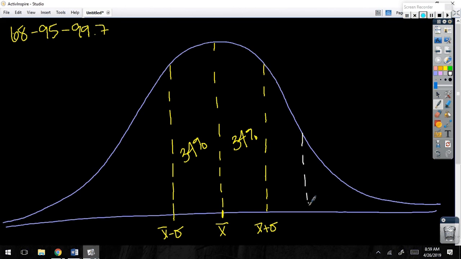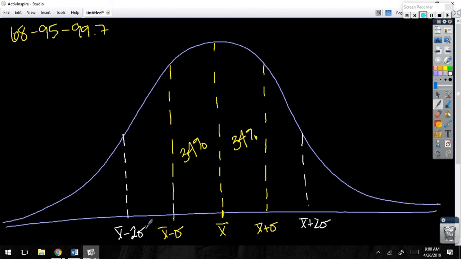If I go out 1 more standard deviation, so now I'm at 2 standard deviations away from the mean, we know that between the 2 white lines is how much? 95. 95, but I've already used up 68.